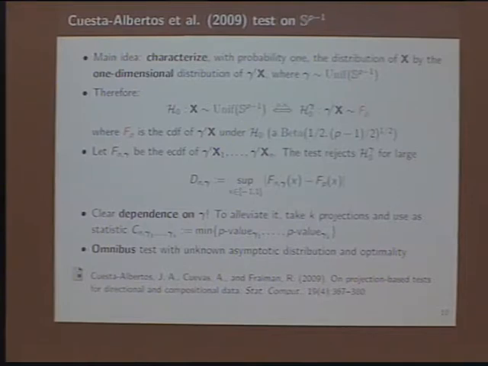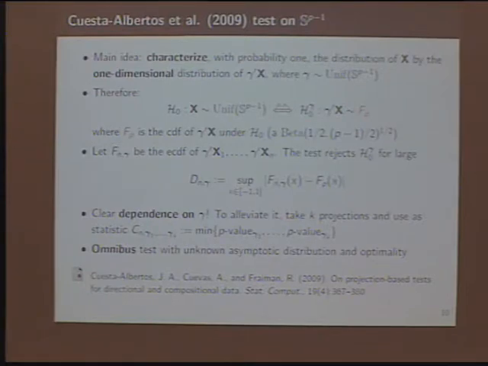So therefore you have this characterization that holds with probability 1 between the null hypothesis and the projected null hypothesis. And therefore you can test for the uniformity by checking whether the projected variable follows what should be the projected uniform distribution, which I denoted by FP, but it's nothing but a beta distribution.